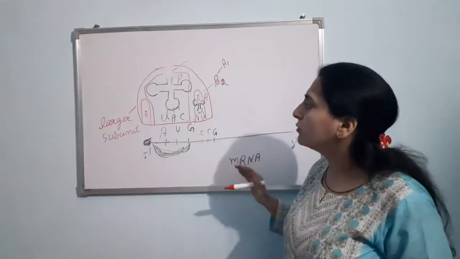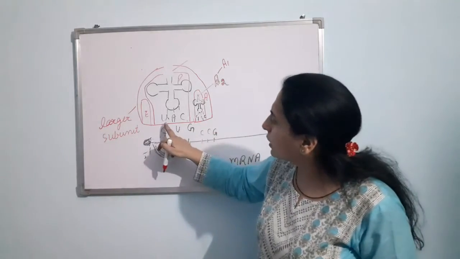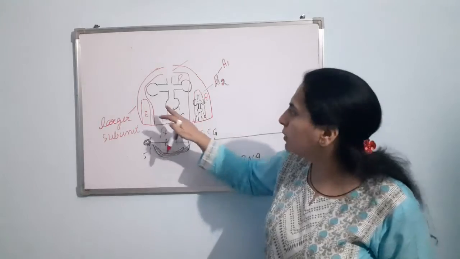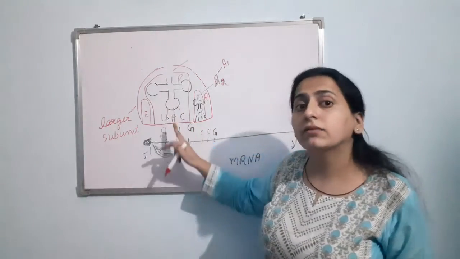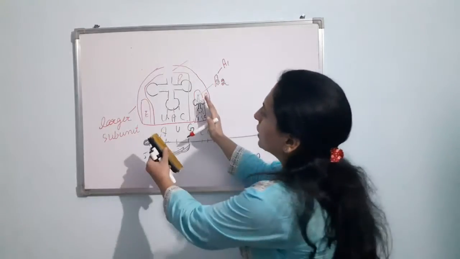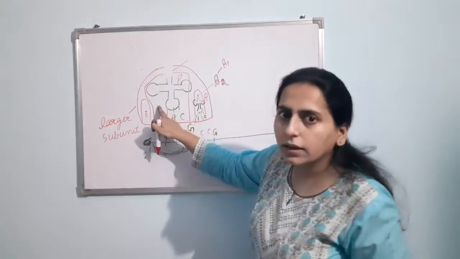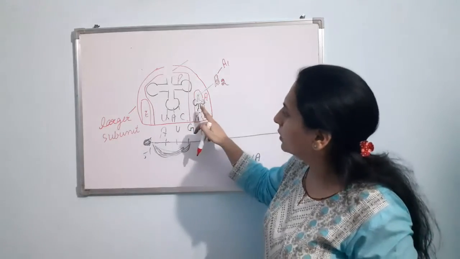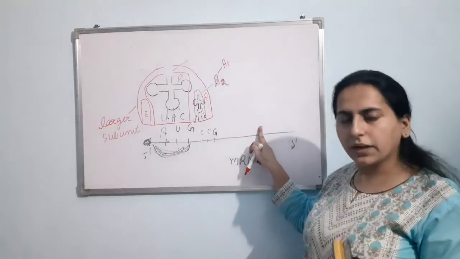Now understand what will happen when it jumps. Where the P site was present, now E will be present. Just imagine it will jump. Now here the E site will be present, the P site will be present, and now here the A site will be present. Am I clear with this?